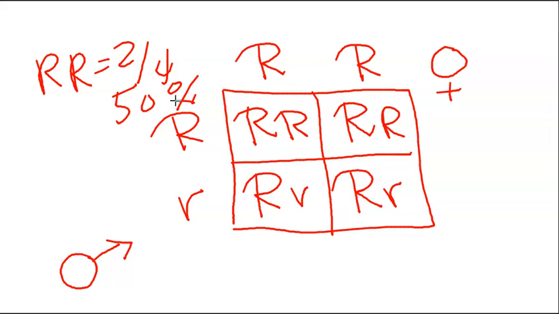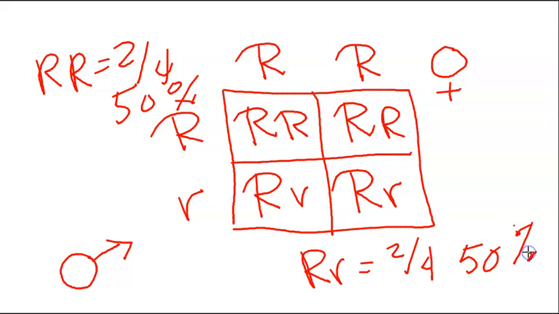And then we can see the other 2 squares. We have big R, little r, so 2 out of the 4 squares have the genotype big R, little r, heterozygous dominant for tongue rolling. Again, big R, little r equals 2 out of 4, so there is also a 50% chance of their children being tongue rollers, but heterozygous dominant.